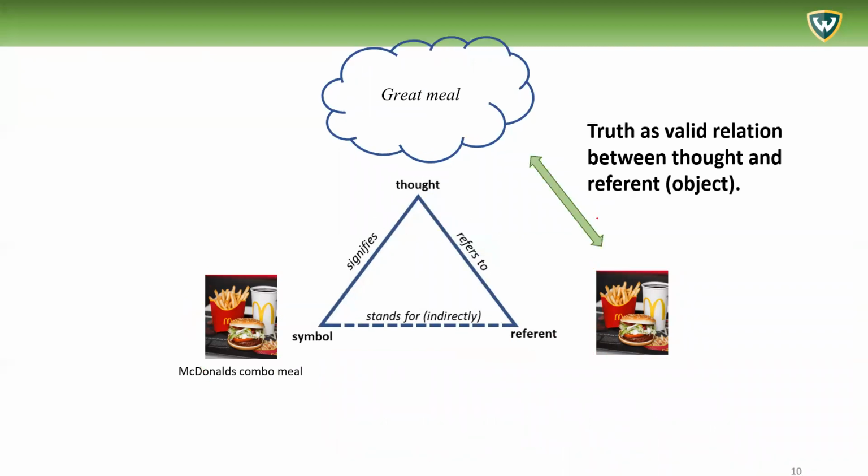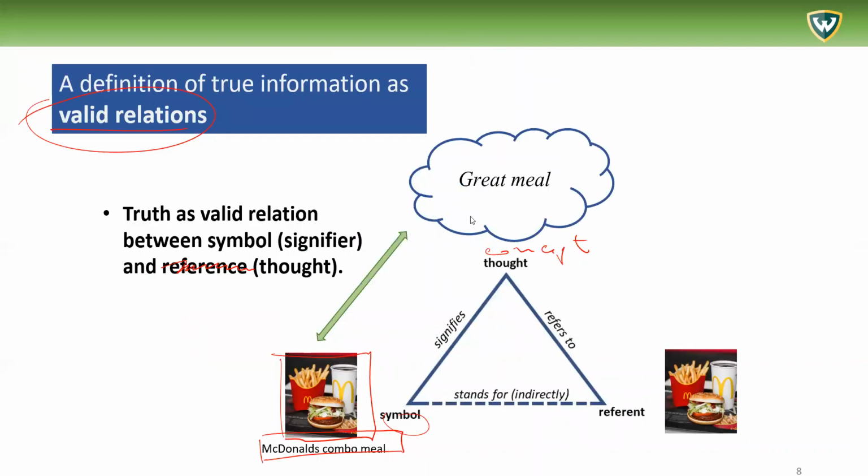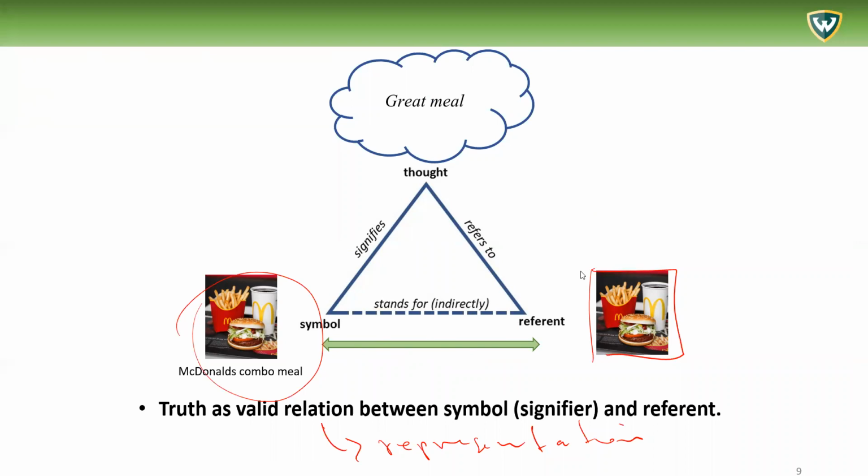And on the other side, the thought, the great meal, can have a valid relationship with the actual object, the actual food that you get when you order it. So the idea is that the truthfulness or validity can be here, here, and here.